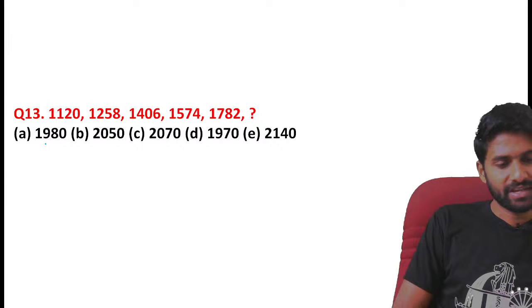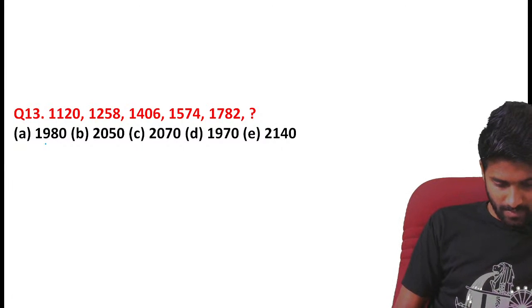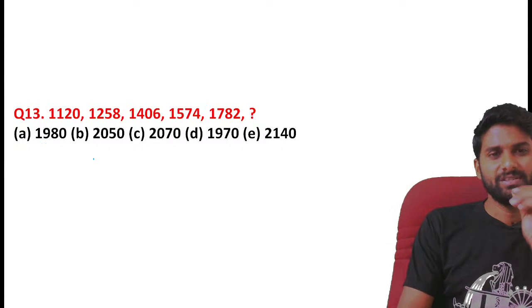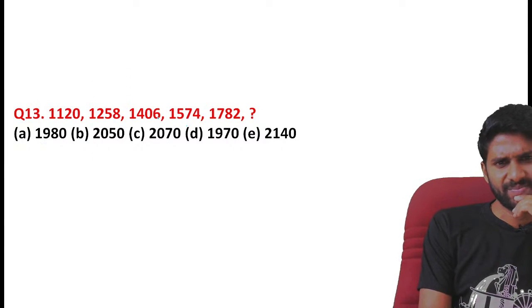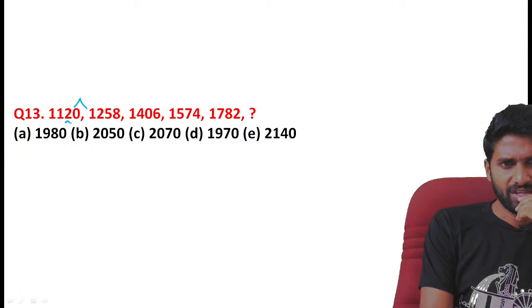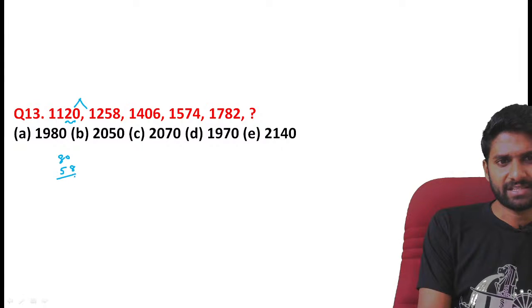What is the number we can replace there? Now see, again we just find the difference. See, here 1120 becomes 1258. Now see, 20 becomes 80. If you add 80, it's 1200. So 1200, we just add 80. Again, we have to add an extra 58. Now the value becomes 138. Now the difference is 138.